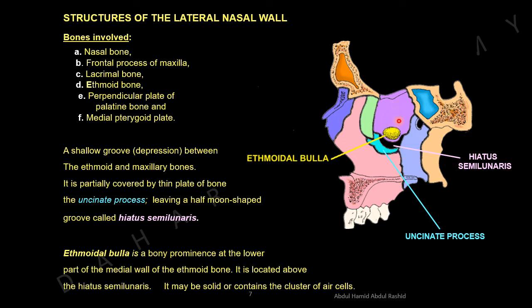This is medial surface of the ethmoid bone. At the lower part of the medial surface of the ethmoid bone, we have a bony prominence called ethmoidal bulla, which is above the hiatus semilunaris. Ethmoidal bulla may be solid or contain a cluster of air cells.